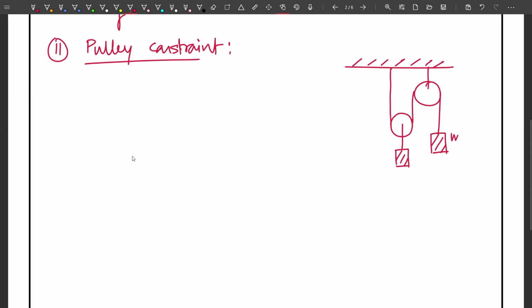Let's say this has mass m1, this has mass m2, and suppose the velocity of mass m1 is v in the downward direction. So you have to calculate what is the velocity of mass m2, right? We usually get this kind of problem in pulley constraint. So to solve this, we have three constraint relations.